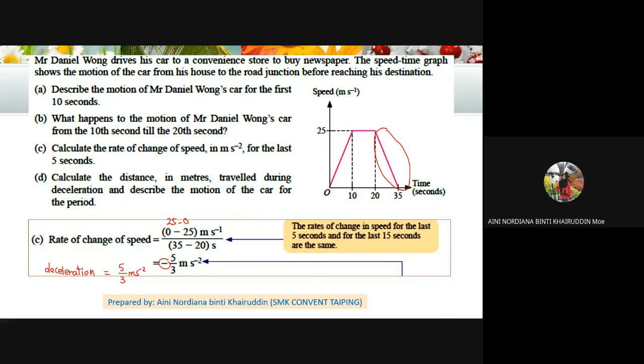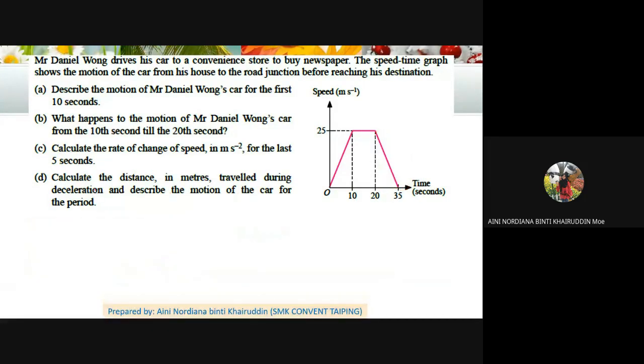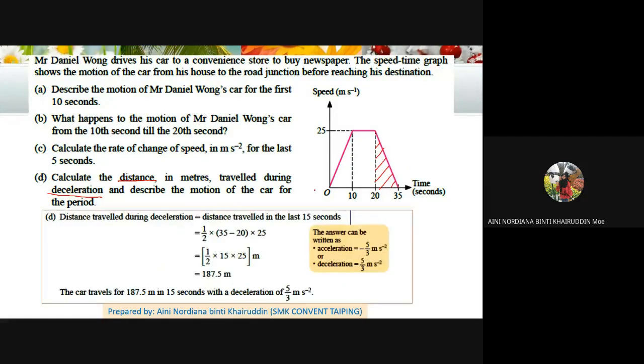Next, question D. Calculate the distance in meter travel during deceleration and describe the motion of the car for the period. So dia hanya nak yang deceleration sahaja. Ni bentuk triangle, so guna formula area of triangle, 1/2 times 15 times height 25, then you will get 187.5.